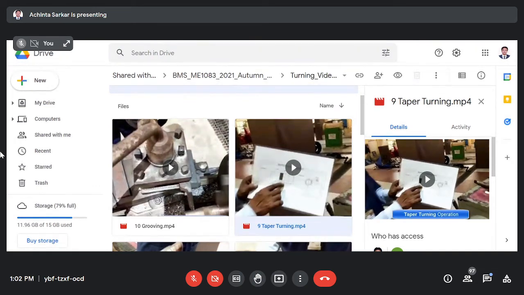Because we are swiveling the compound rest, the method is named taper cutting by compound rest method, or by swiveling the compound rest method.